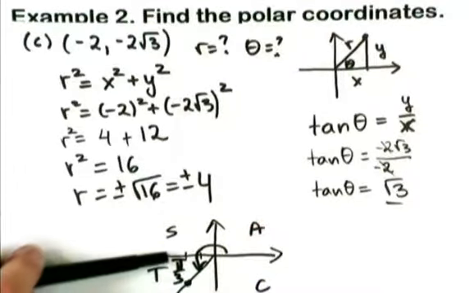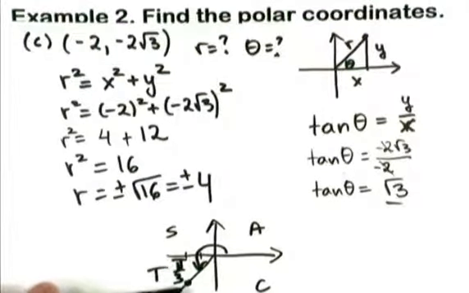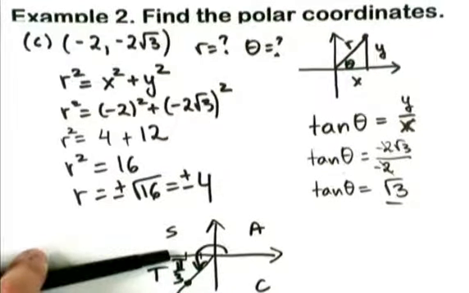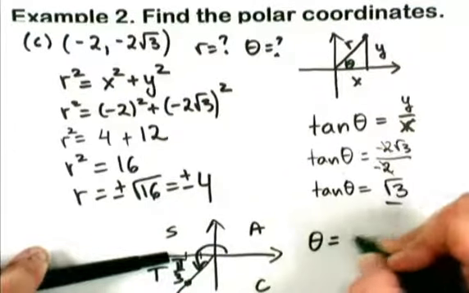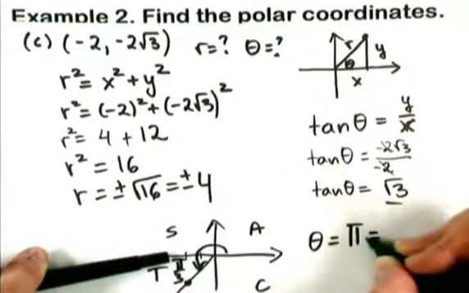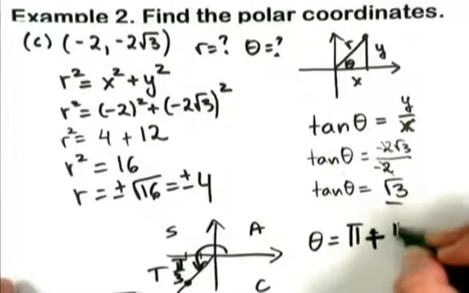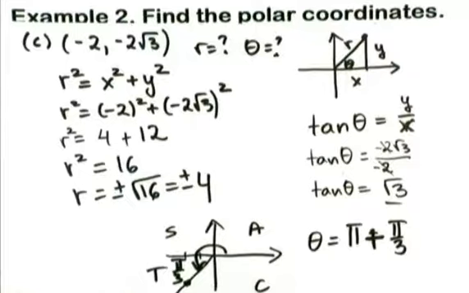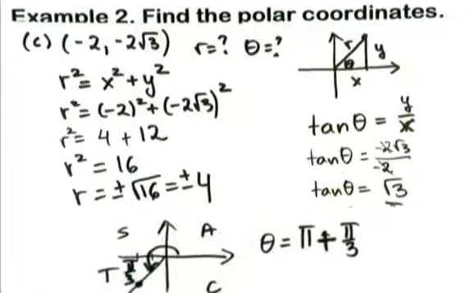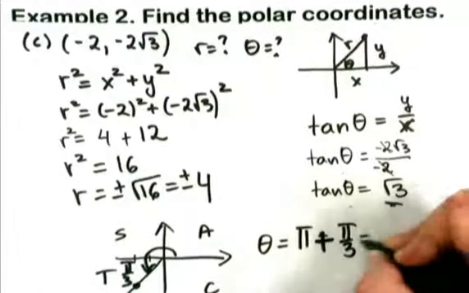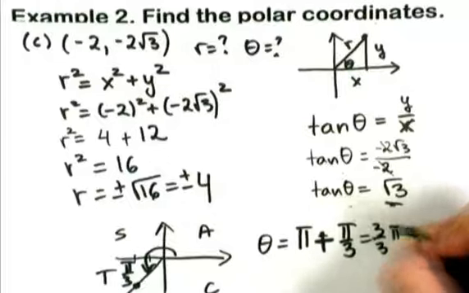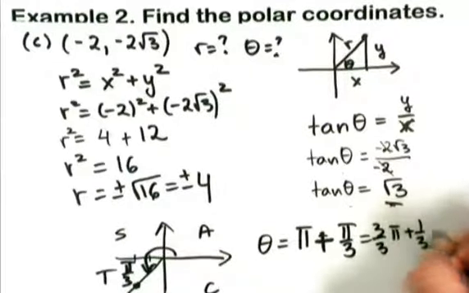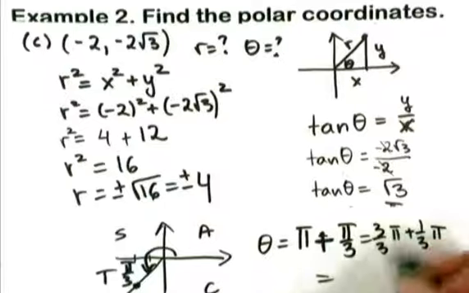So this angle is pi over 3 past pi, right? Because right here is pi. So theta is going to be pi plus my reference angle, which was pi over 3. Pi in terms of thirds is 3 over 3. So 3 over 3 pi plus 1/3 pi gives me 4/3 pi.